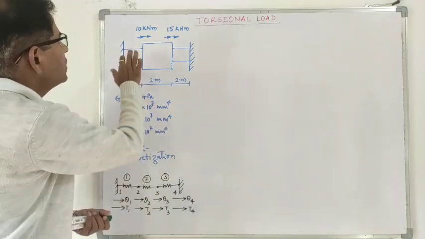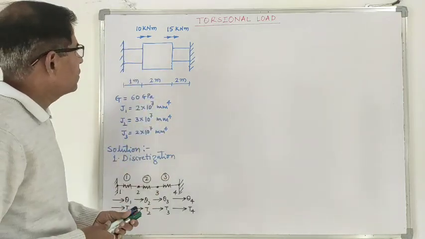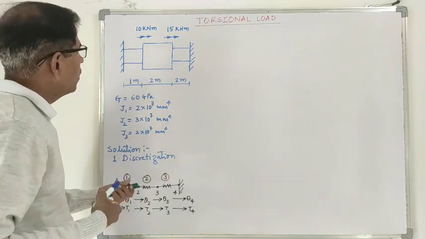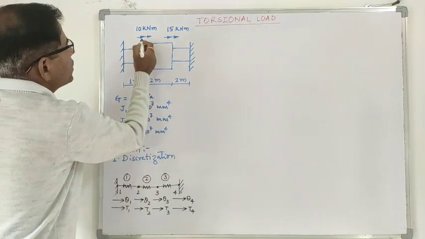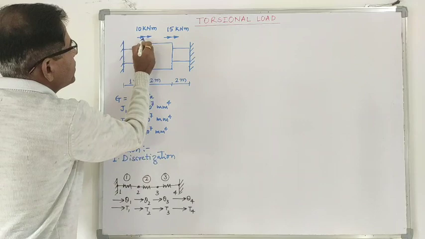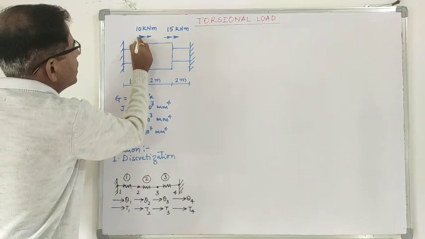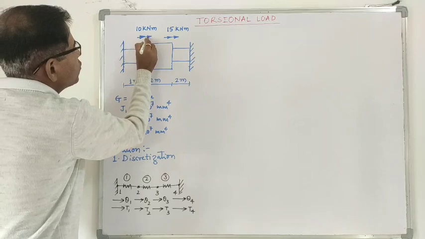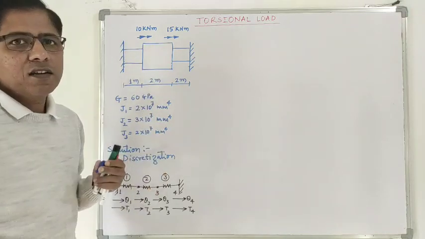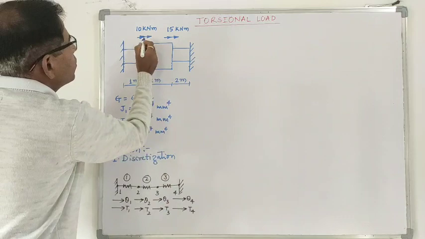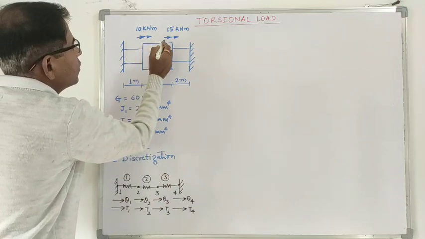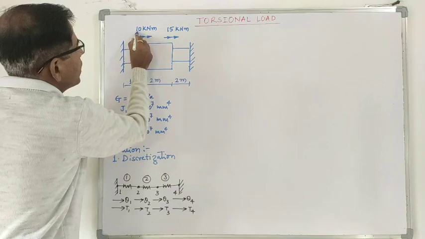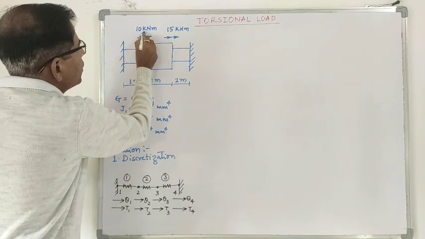Consider this a step shaft. Then there are two twisting moments or two torques being applied. Here you can see that there are two arrows. These two arrows indicate that the applied load is torque, and the magnitude is given as 10 kilonewton meter.